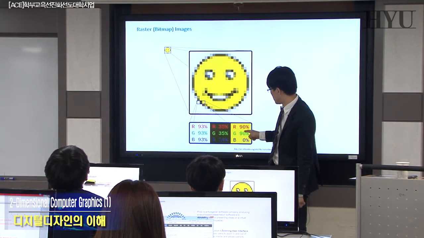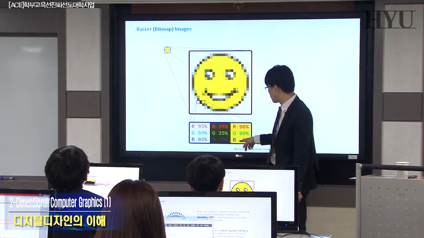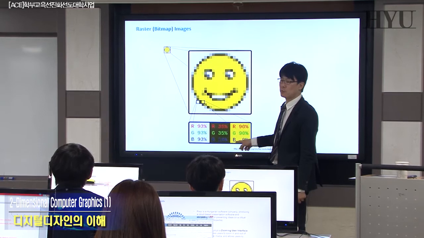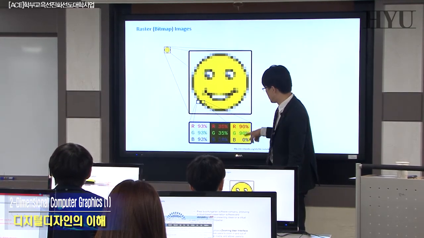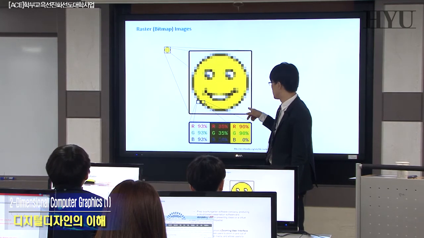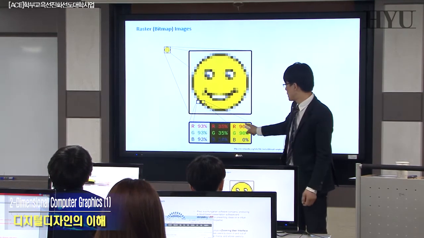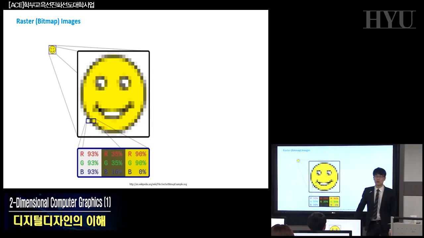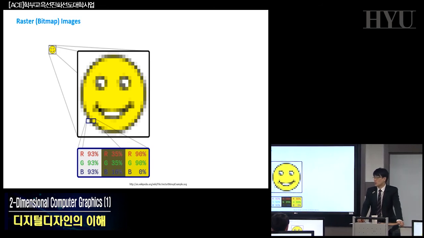Yellow one, R 90, G 90, blue 0%. This is the basic RGB system of a computer, a light system. So a total of 100% RGB returns exactly white color, okay? At this time, this one makes yellow color. So that is how raster images generate each pixel.